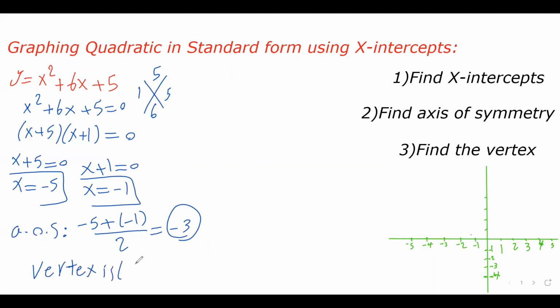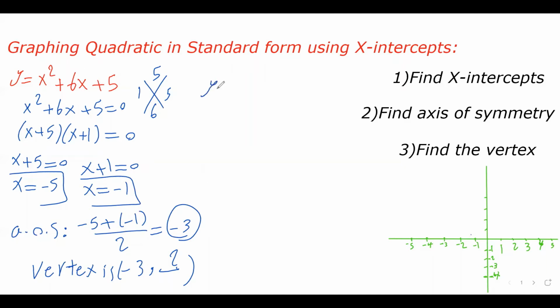So the x-coordinate of the vertex is -3, but I don't know the y-coordinate. I have to find the y-coordinate of the vertex. How can I do that? That's step number 3: we have to find the vertex. I can substitute this x-coordinate, -3, into this equation and solve for y.